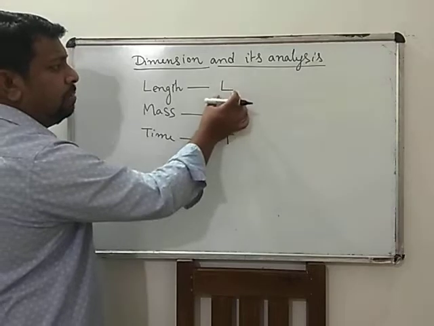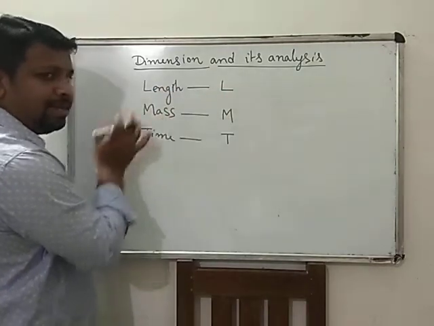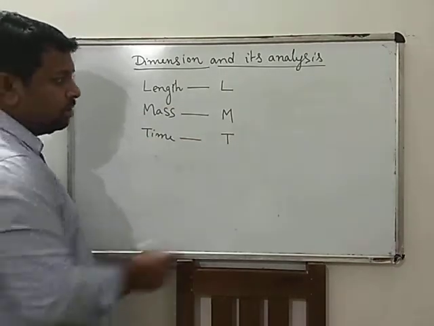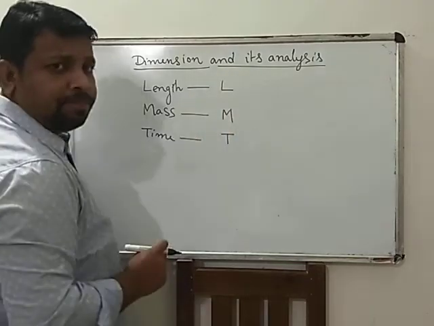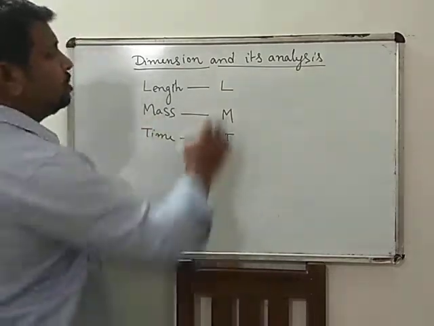That means L be the dimensional formula of length, M be the dimensional formula of mass and T be the dimensional formula of time. So the power of L, what is it? On top of L there is 1. That means 1 is the power of L.